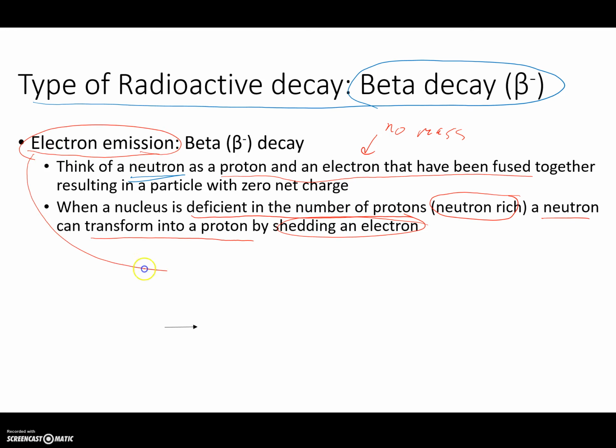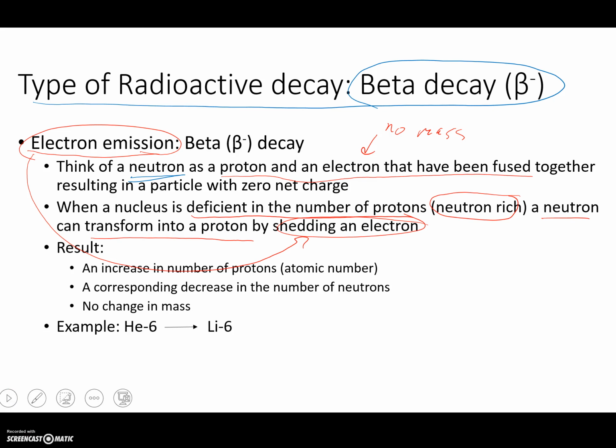Electron emission is that process of shedding an electron. All right, so what we see happen as a result is an increase in number of protons, right? So our number of protons goes up +1 for each emission, okay? A decrease in neutrons, -1. But we get no change in mass.